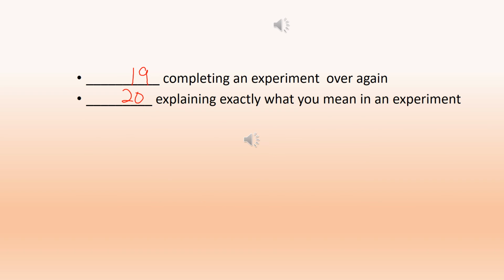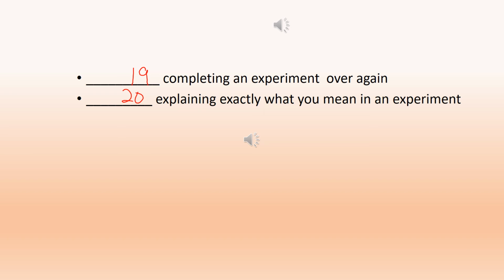Number 19 simply means redoing an experiment, and this happens a lot. Someone will do research and publish it, and then somebody else wants to try the same concept. And number 20, whenever you conduct research, you have to specify exactly what you mean.